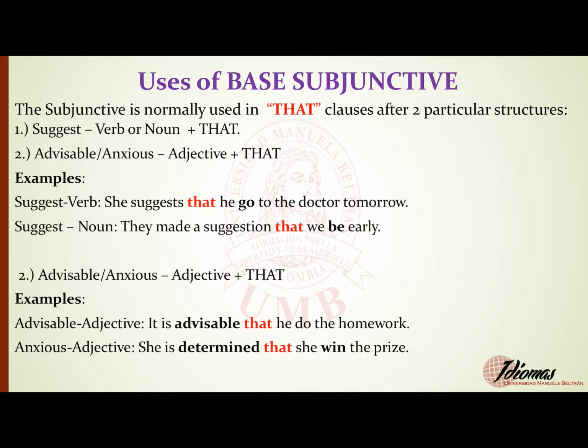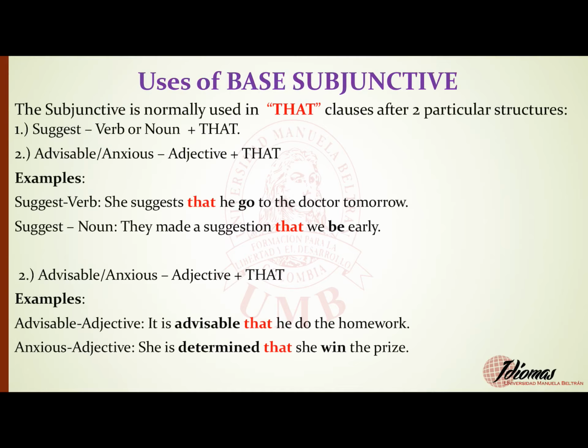Number 2, the advisable or anxious adjective plus base subjunctive plus that. Examples. It is advisable that he do the homework. In this case, the word advisable is an adjective, un adjetivo. She is determined that she win the prize.